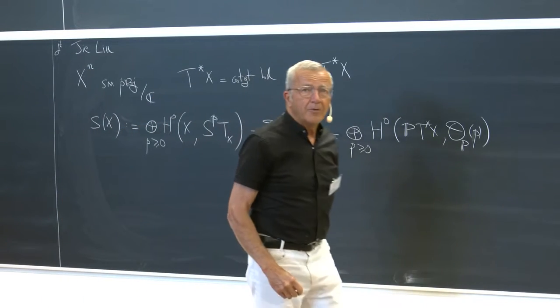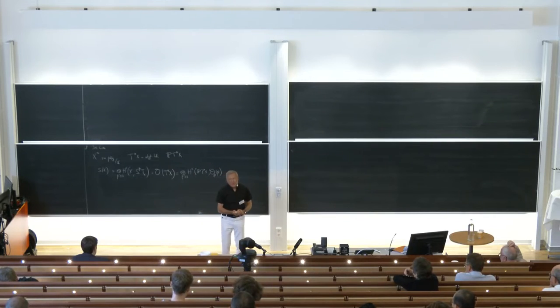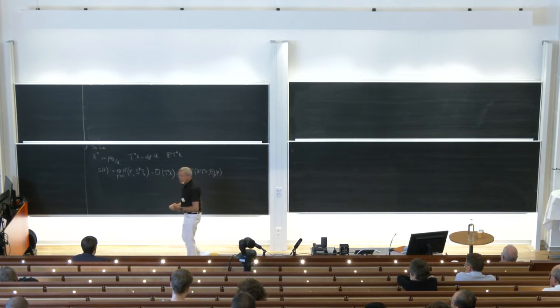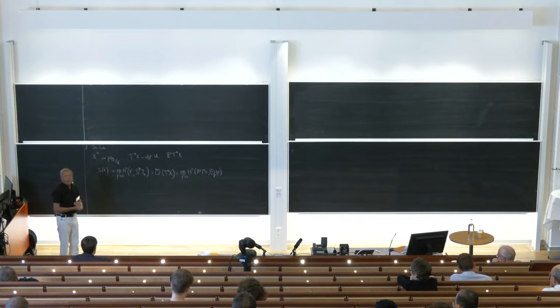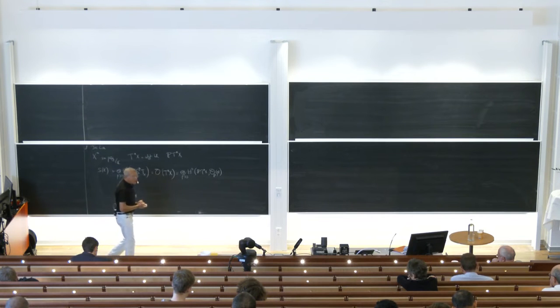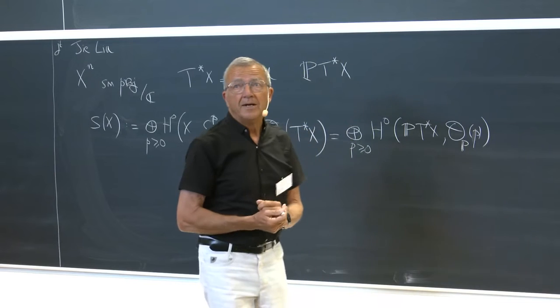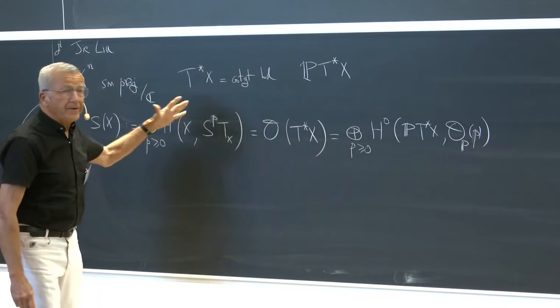I would like to show you that this ring is a very interesting invariant of a smooth projective variety. It's very difficult to compute. A large part of the talk will be just to give the few examples where we are able to compute this.